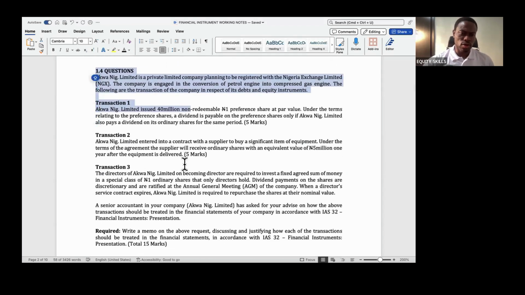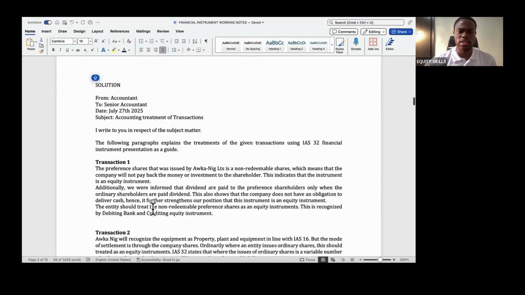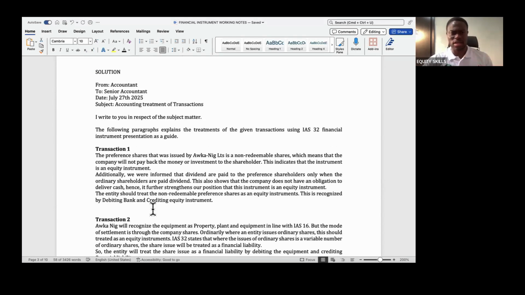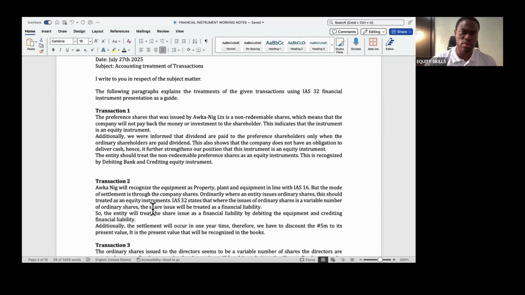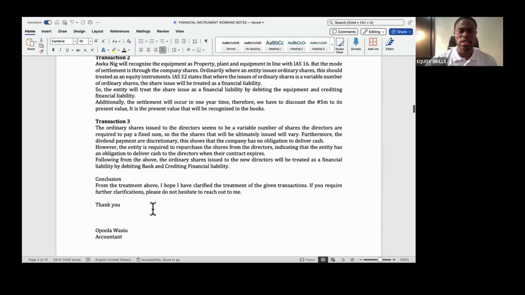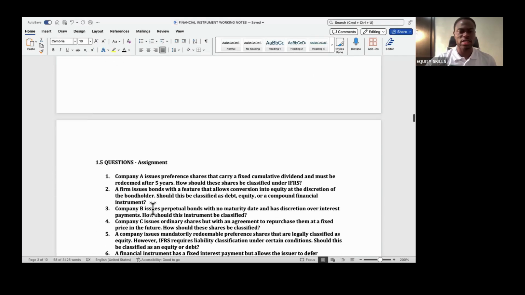We analyzed it and wrote a memo explaining to the senior accountant how to treat each of these transactions. We were writing it together, and I was showing you how my thought process was moving. So basically, that was what we did last week.